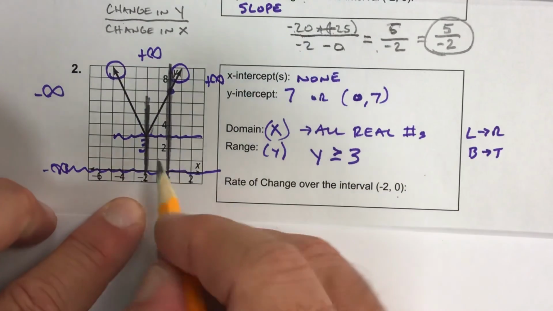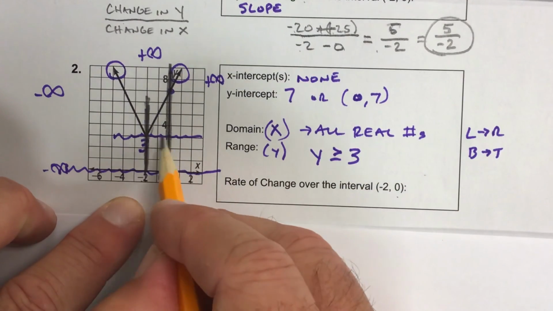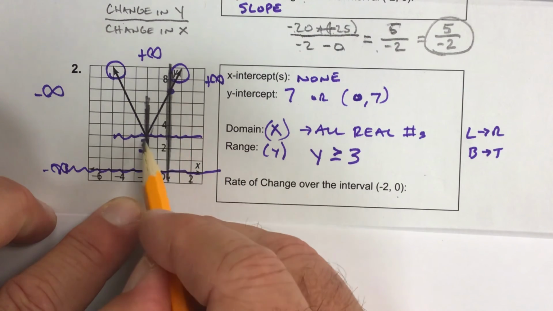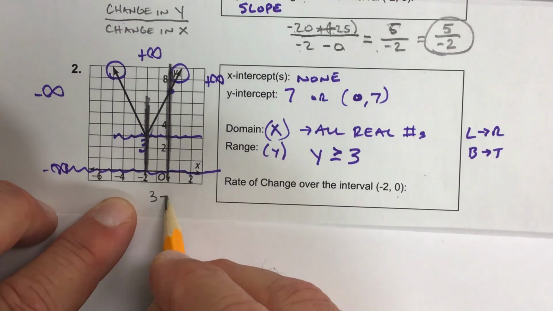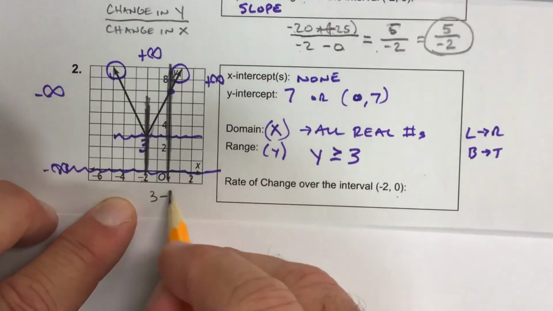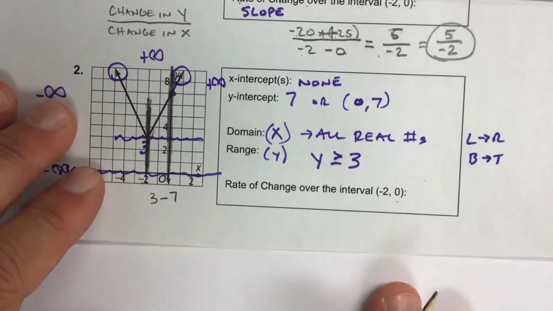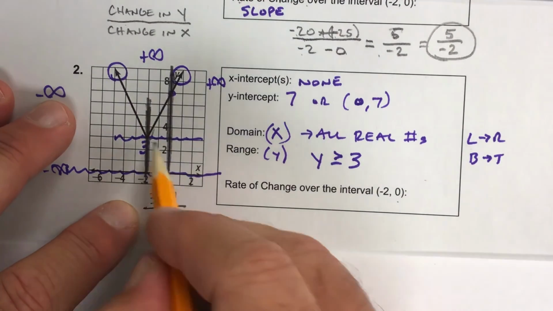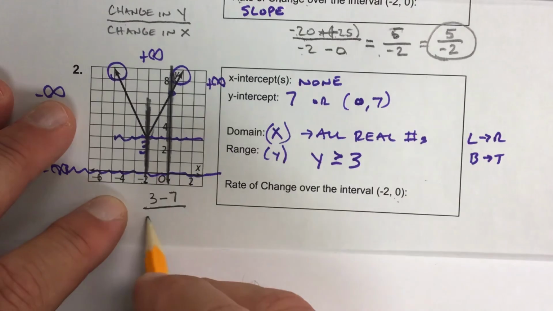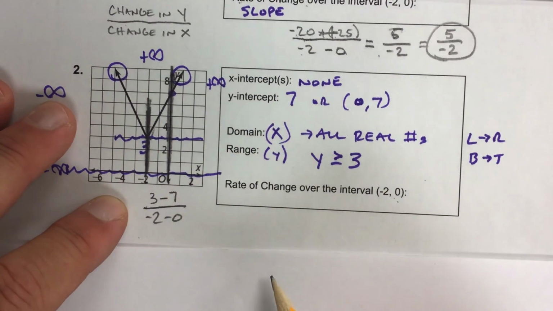So the rate of change is, again, the change in y over the change in x. Well, y was at 3 minus, now it goes all the way up to 7, over, and then the x is at -2 to 0.